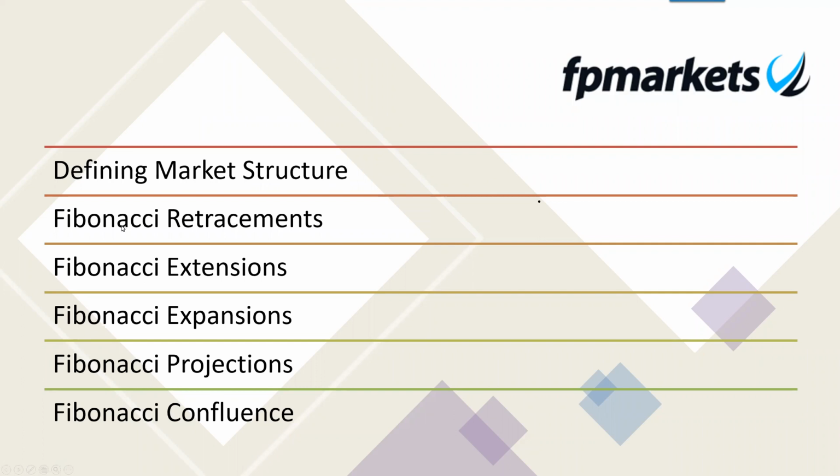Then we'll be looking at the following Fibonacci concepts: retracements, extensions, expansions, projections, and finally, Fibonacci Confluence. Now, I do see a number of people confusing these three: extensions, expansions, and projections. Retracements are pretty straightforward, but the other three do tend to cause confusion among new traders.